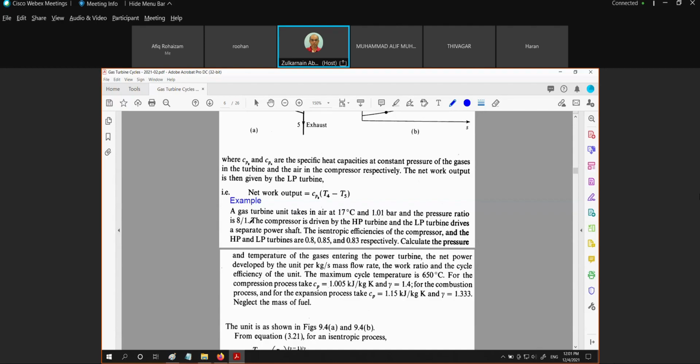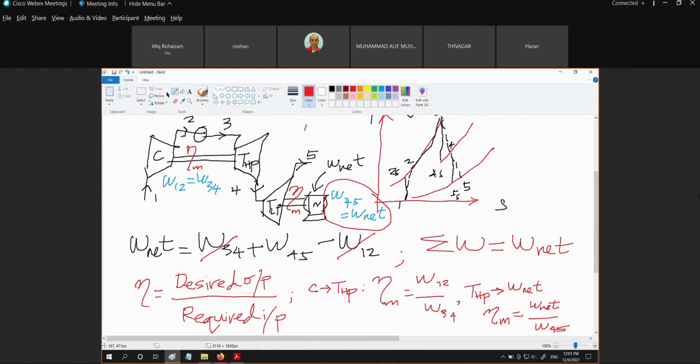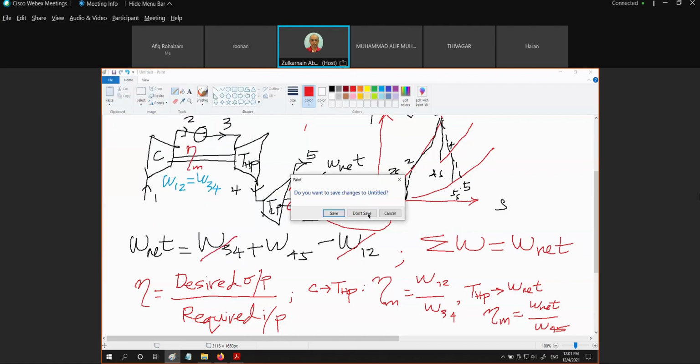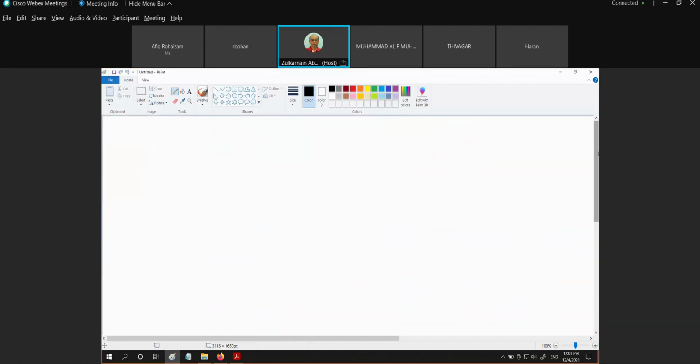So right now, we try to transfer all the data given to the schematic diagram or the arrangement of what is given for this case. Let me clear everything. File, new, don't save. All right. So we have two shafts. We sketch the shaft.